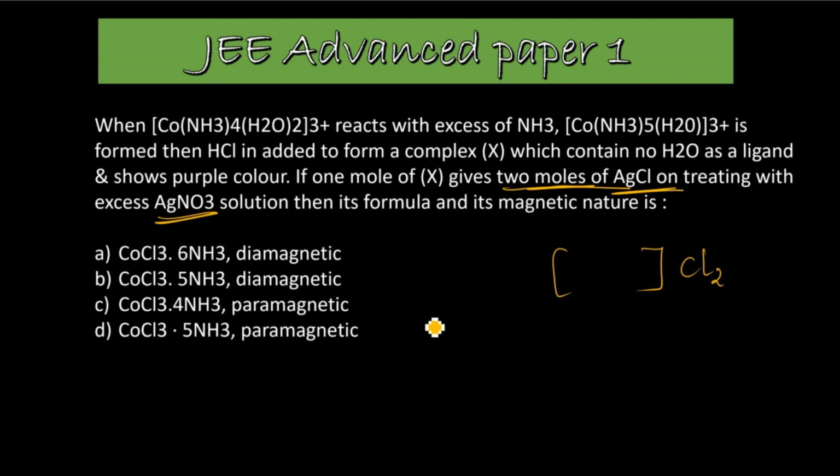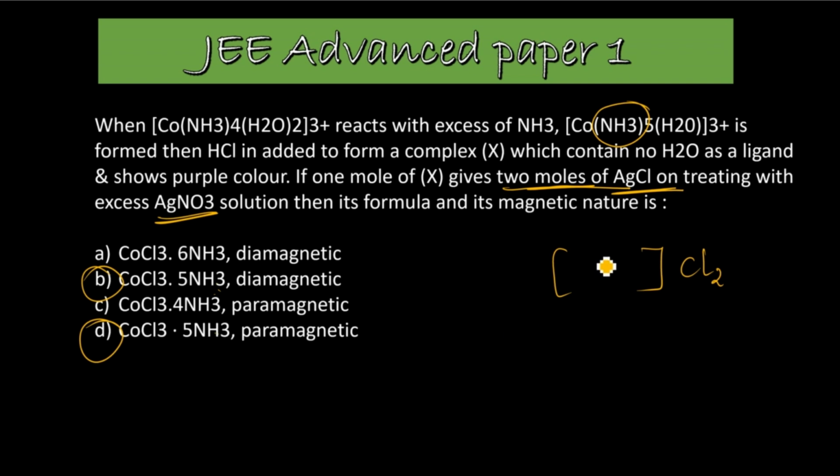If you are taking, here I am having 5 ammonia, right? There only I am adding HCl. So 5 ammonia complex I am taking, which is either B or D must be our answer.